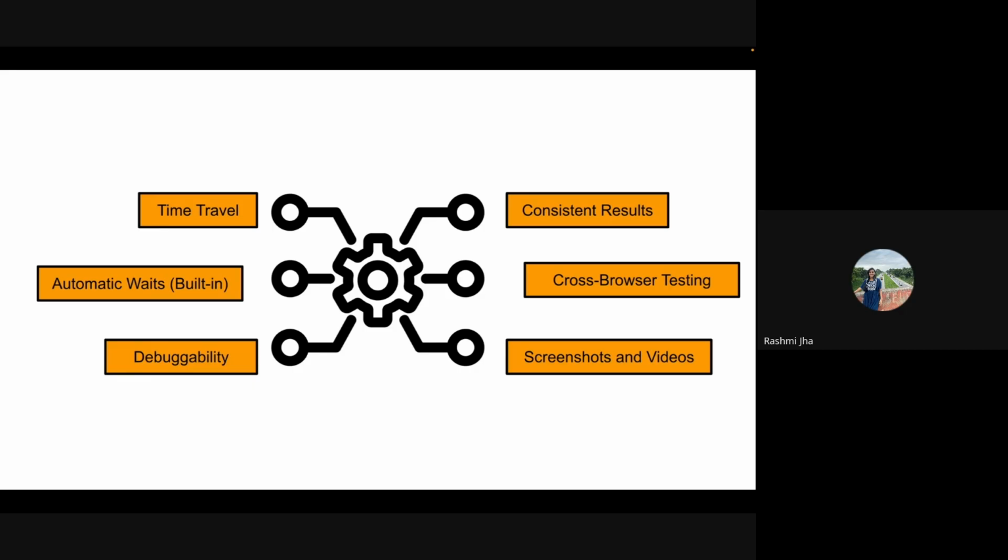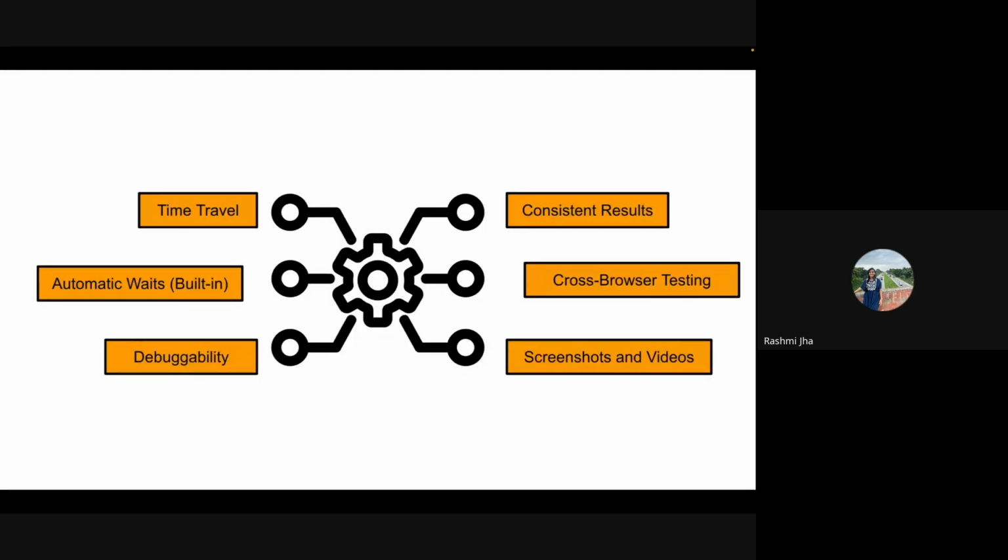Coming to debuggability, it's really easy to debug our test steps directly within the Cypress Test Runner. Now, consistent results means it is designed to provide reliable and consistent test results, even when it's run multiple times, which means the same test will give the same results even if it is run n number of times.